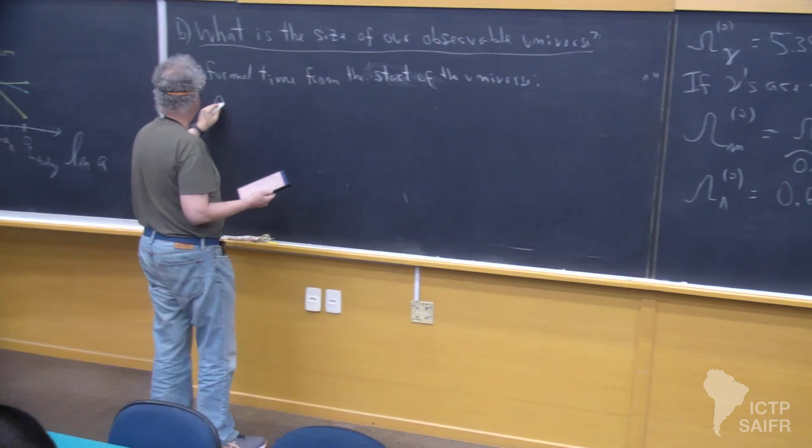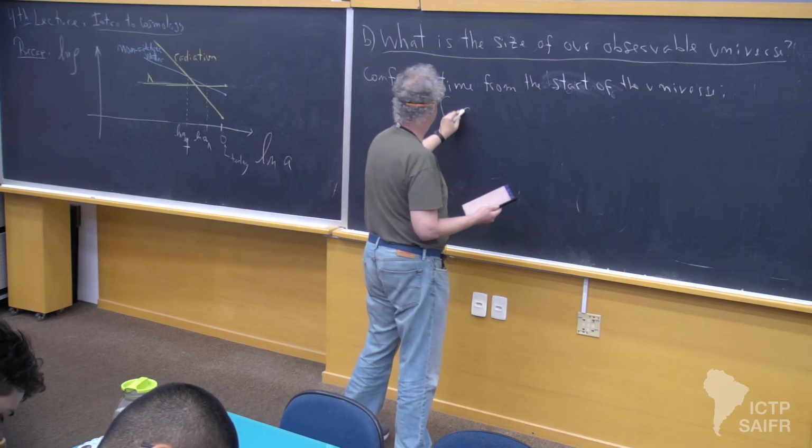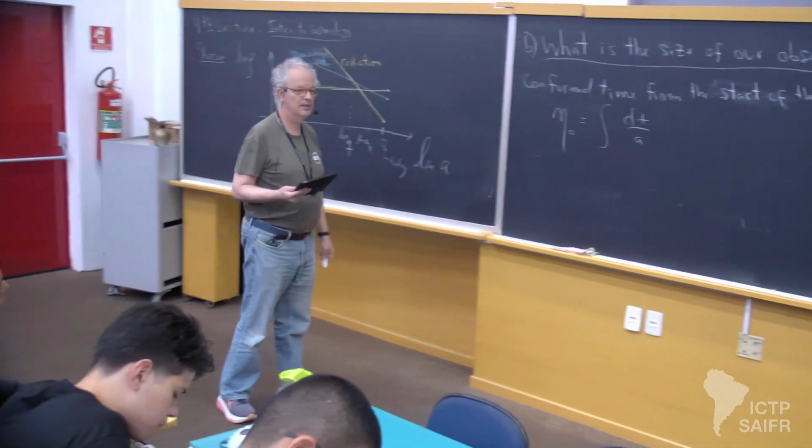I call it eta 0, the conformal time today, is the integral dt over a. Remember that conformal time is dt over a? I hope you remember that.